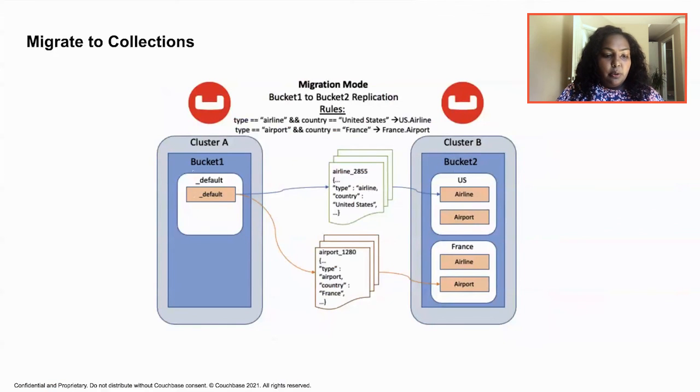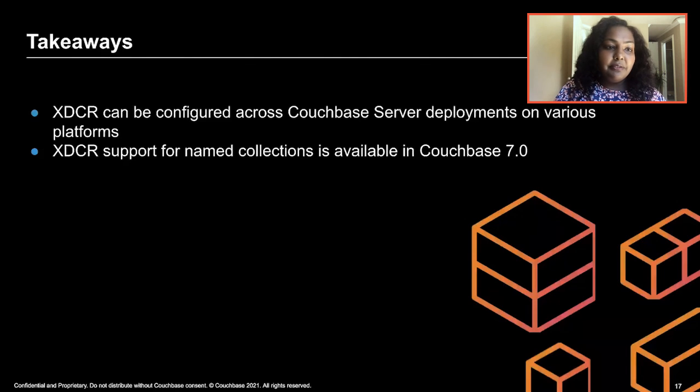So with that, we have survived this session, and we are going to walk away with two things. The first one is that XDCR can be configured across any Couchbase Server deployment, irrespective of what platform you've chosen to deploy it on.